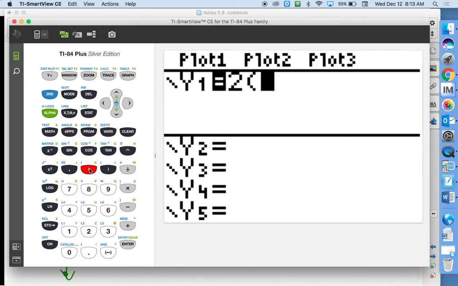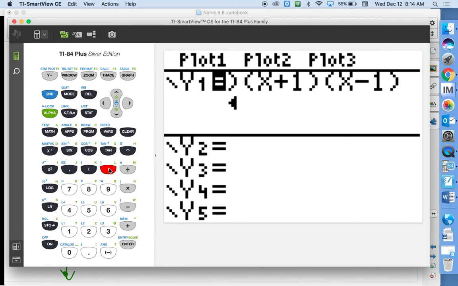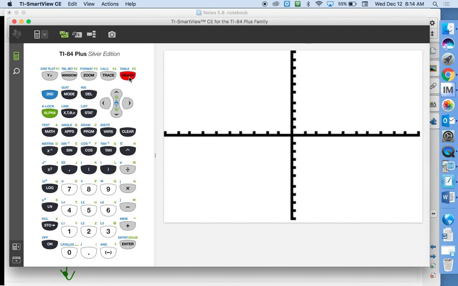So there's the 2 first, and then x minus 2, x plus 1, and x minus 1. So the graph on your screen should look very similar to the graph on your paper.